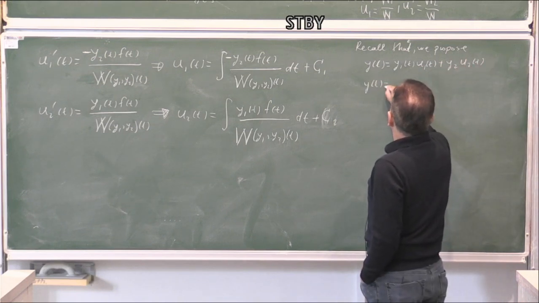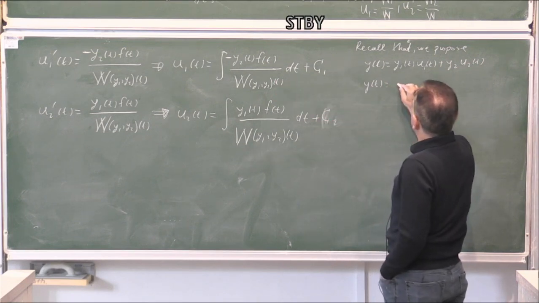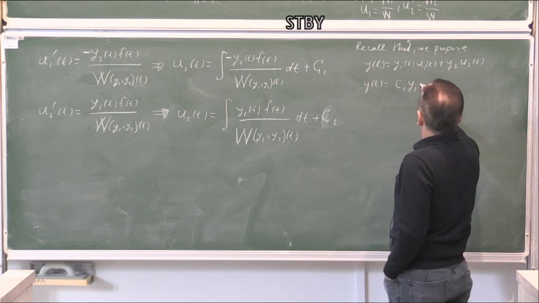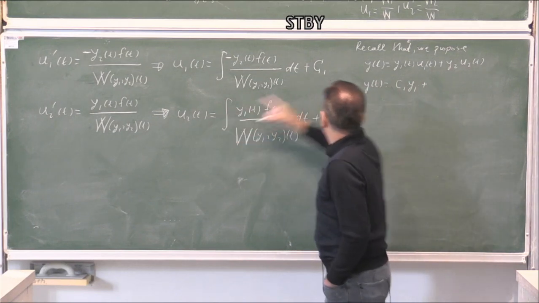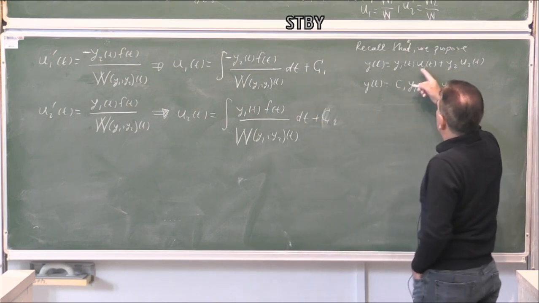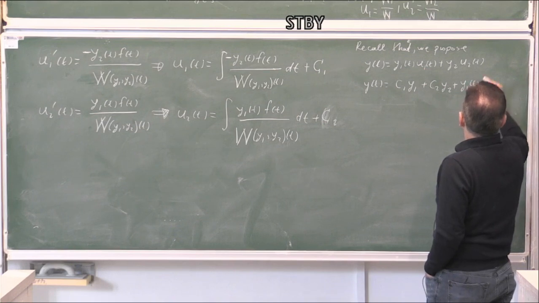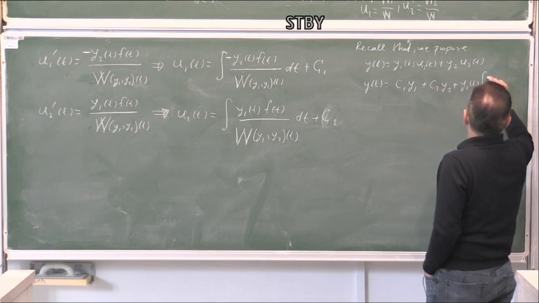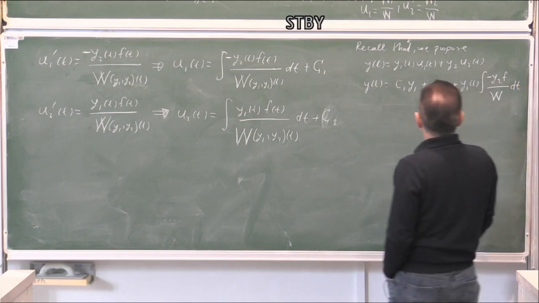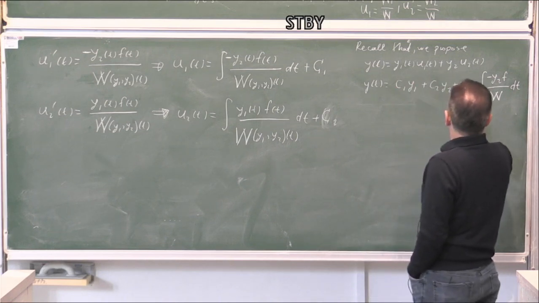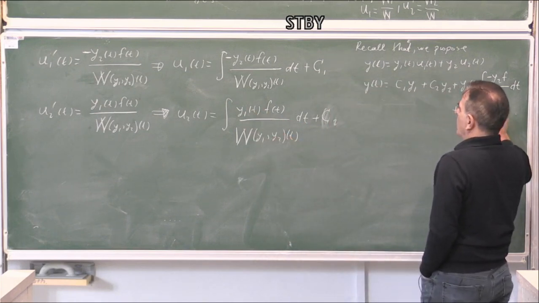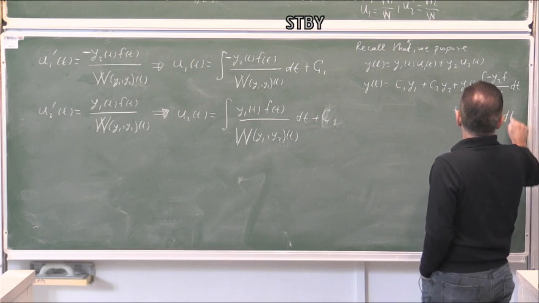Hence the solution: we get this one, c1 times y1, okay, plus c2 times y2, plus y1 times this integral, minus y2 f over the Wronskian determinant dt, good, plus y2 times this integral term, y1 f over omega dt, good.